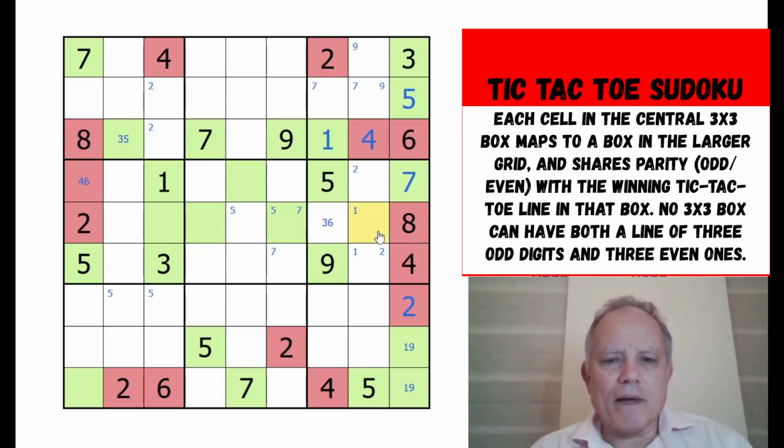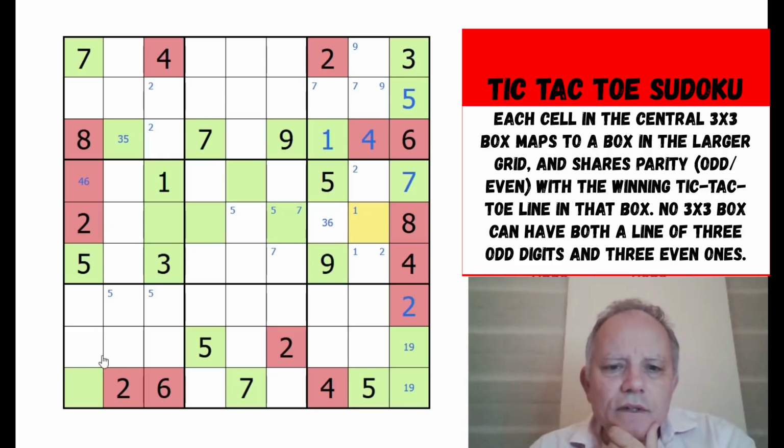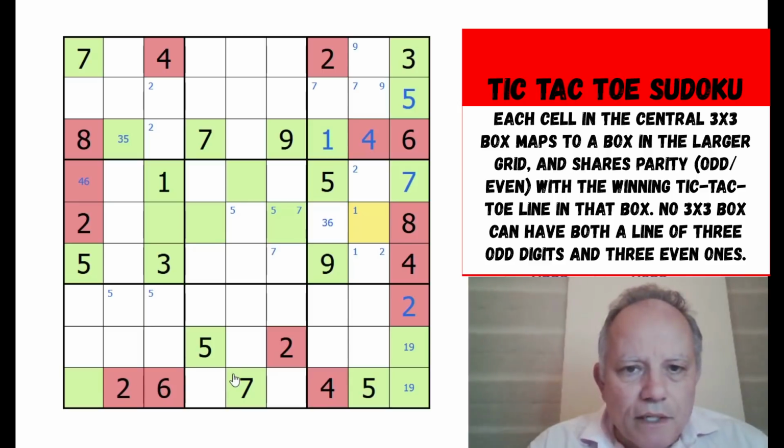But we haven't ruled out many of those central cells yet. Oh, what else can we see here? 1, 5, 3, 7, 8, 2, 5, 6. Come on, there's got to be something to find that's going to be very useful.